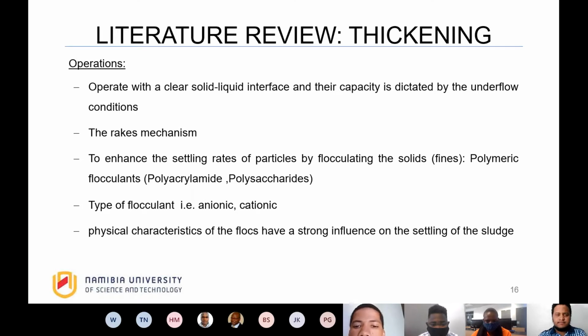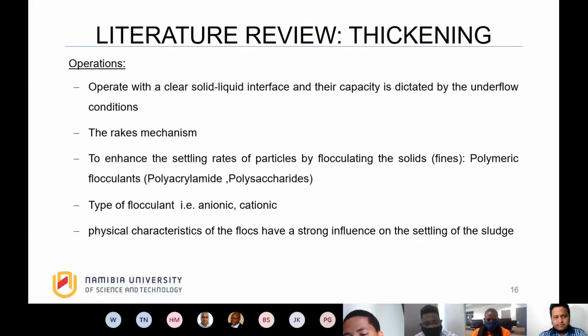Now, the operation of the thickener is quite simple, reliable, and effective in terms of the design setup. Once the right test work has been carried out in terms of how we would want to run our plant at a larger scale, we would then have a perfect design approach on what size our thickener will be, and thus would help in solving this huge volume that we would send to the tailings.